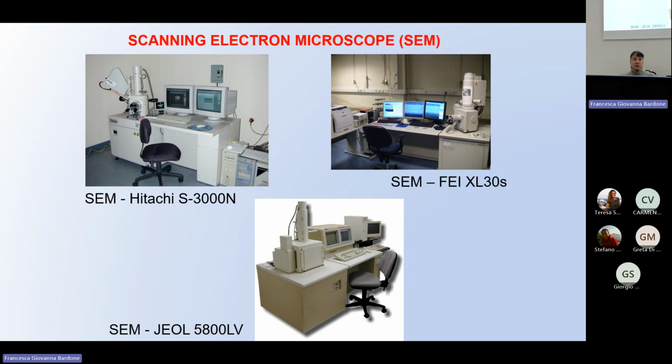It's a limitation for some specimens, but in many, many other cases it has a huge application. Metals, material science, whatever. You can do morphology, you can do chemistry, but remember, the specimen must sustain vacuum and must be conductive.